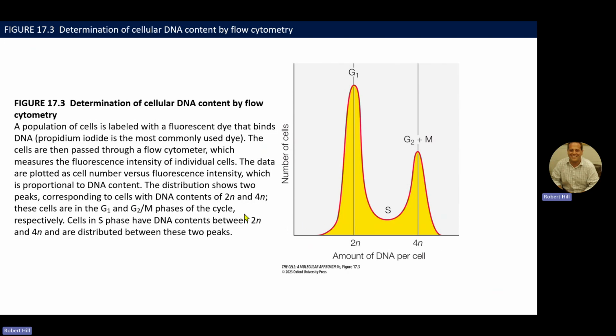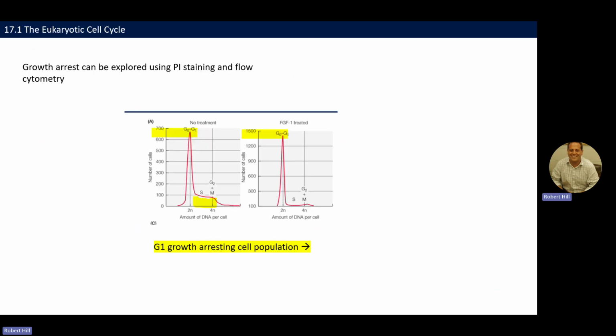So here is a normal growing population of cells that are mostly in G1, some in S phase, and some in G2 or M. So this is the G1, G2M, and your S phase here. What you can detect with this is growth arrest.